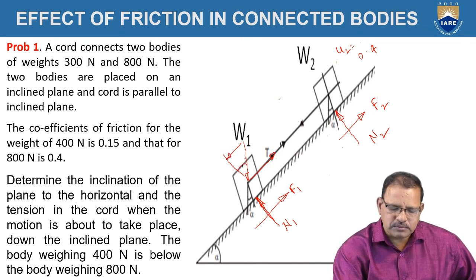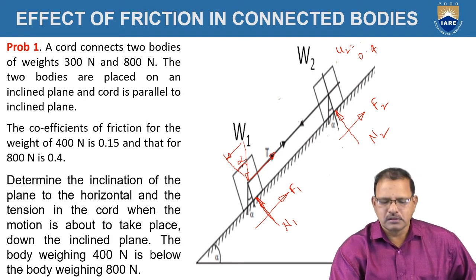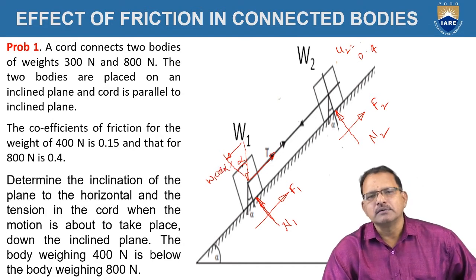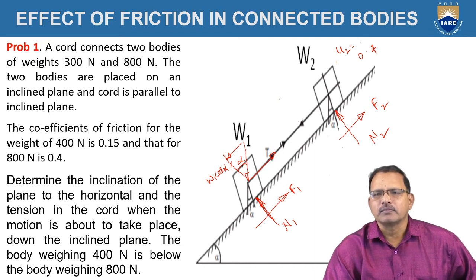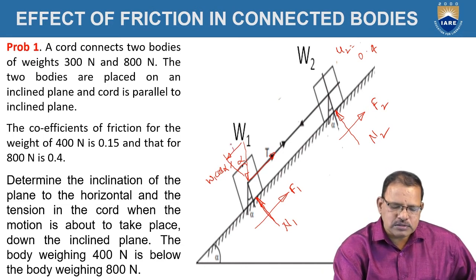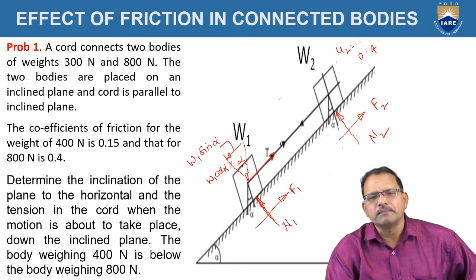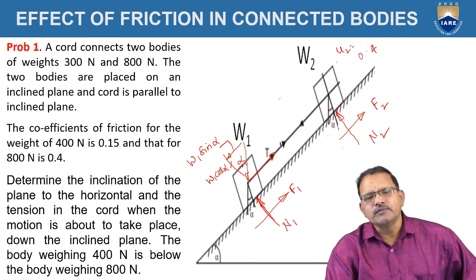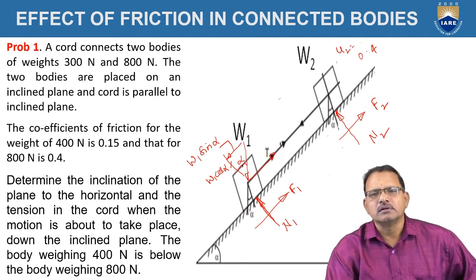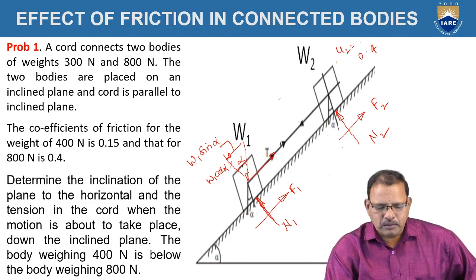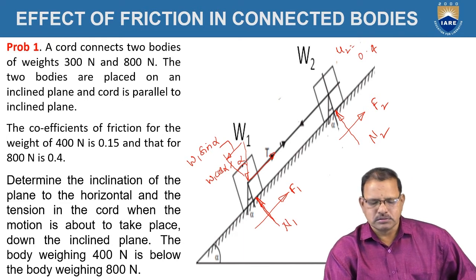Here, this angle becomes alpha. The component W1 cos alpha always balances the normal reaction. The other component, W1 sin alpha, acts downward along the plane. This force is also called the sliding force, which helps the body to move downward.